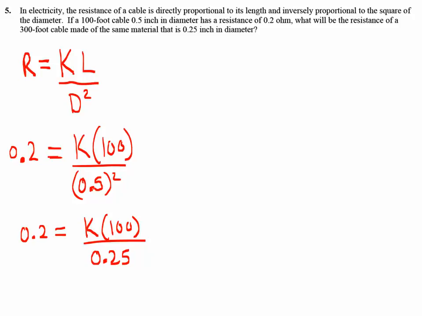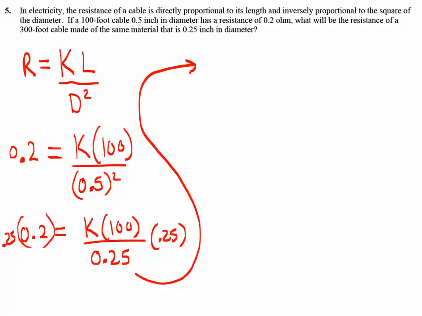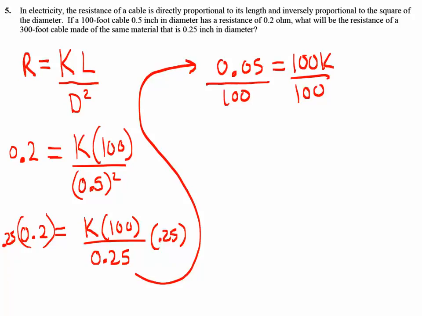Got to get rid of anything that's being squared first, or exponents. Let's multiply both sides by 0.25. So multiplying that out gives you 0.05 is equal to 100k. Divide by 100 on both sides. Voila.